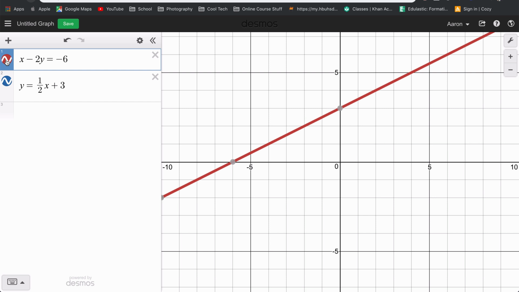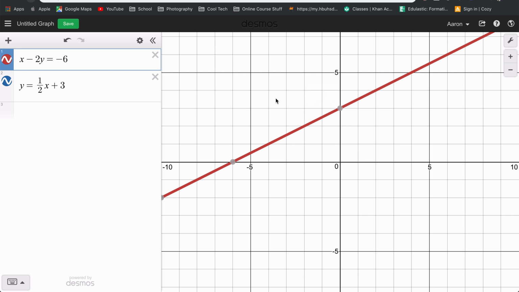So if I were to get rid of my red line, we can see that it's just exactly the same as the blue line. So what does this mean? Well, technically, our red line intersects our blue line at every single point that it's defined for, which means that our solution would be every single point on this line. And the way that we say that is we say that it has infinitely many solutions.